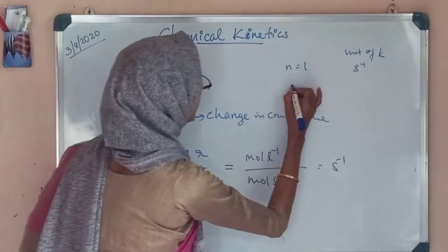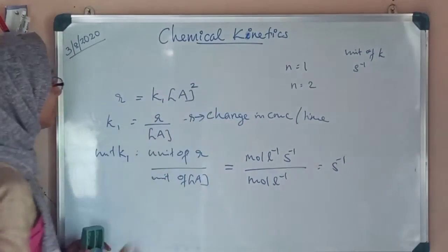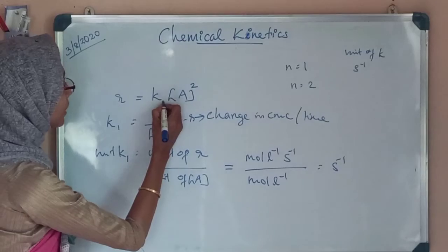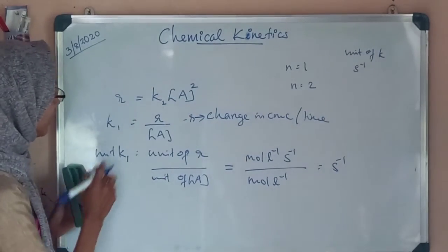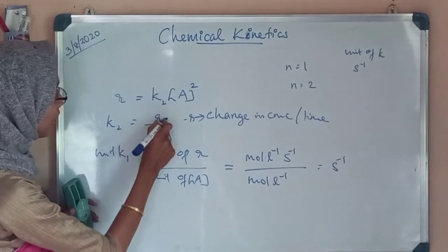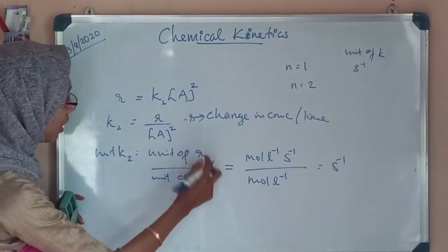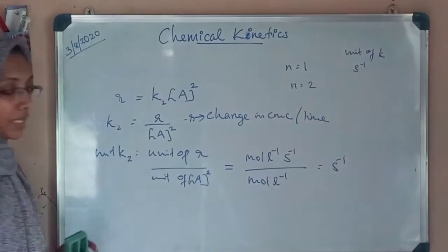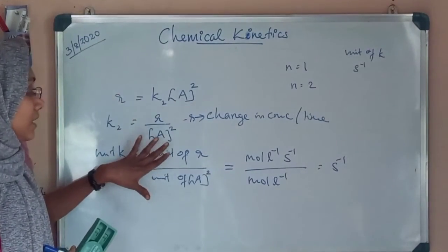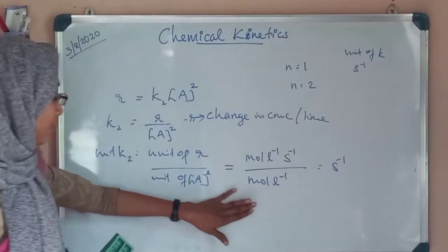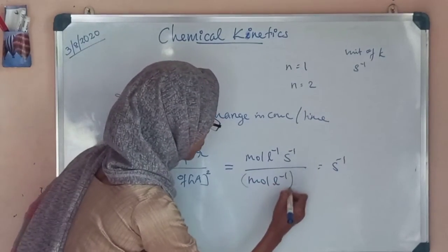Then what about when n is equal to 2? That is for a second order reaction, here R is equal to K2 into concentration of A square. Then K2 is equal to R by A square. Unit of K2 is equal to unit of R divided by unit of A square. The unit of rate is not changed, but the unit of concentration of the reactant is changed to its square.